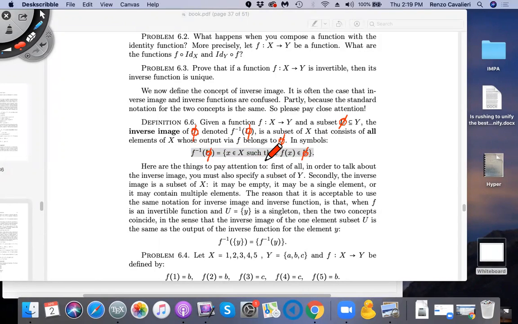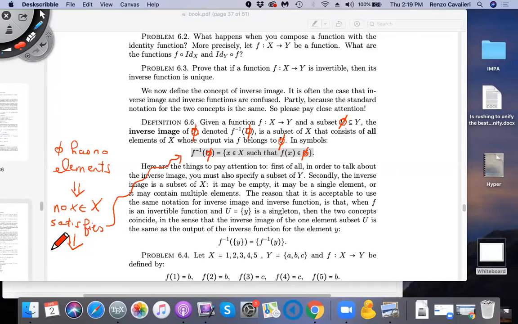But the empty set has no elements, which implies that no x in X satisfies this condition, which implies that F inverse of the empty set has no elements, and so is the empty set. Cool.